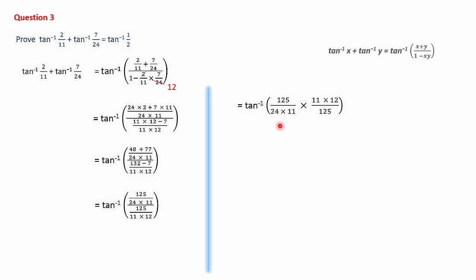So once again, 125 we can cancel, 11 and 11 we can cancel, 12 and 24 we can cancel and write 2 in the denominator. That means the numerator is having only 1 and the denominator is having only 2. That will be getting as tan inverse 1 by 2. That is our right hand side. That is equal to RHS, hence the proof.